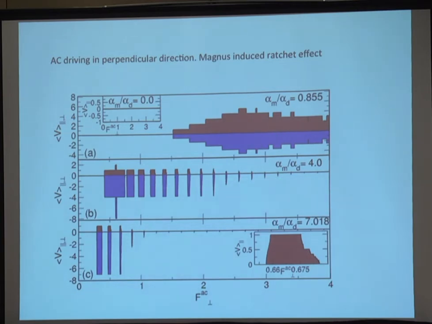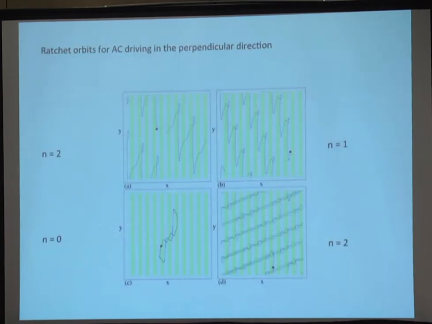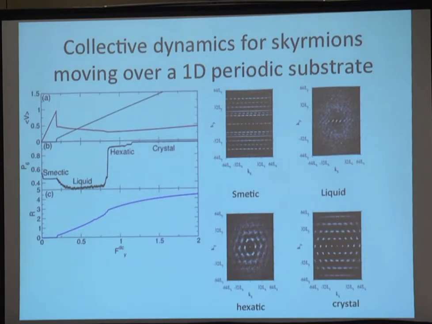And it's also a quantized effect due to the periodicity of the underlying substrate. And these are the kind of orbits you get. So you don't get these simple 1D orbits, you get kind of complicated orbits. And N is the number of periods of the substrate it translates in one AC cycle. You get 2, or it could be 0, which is localized, or 1. So this is one way you can make a very well-controlled motion of this kind.